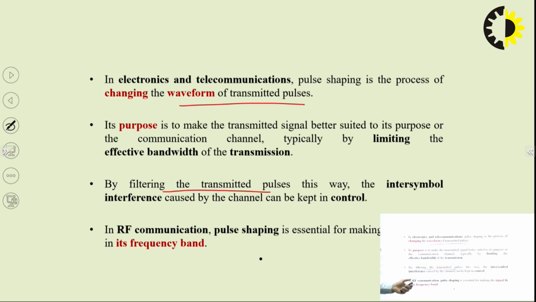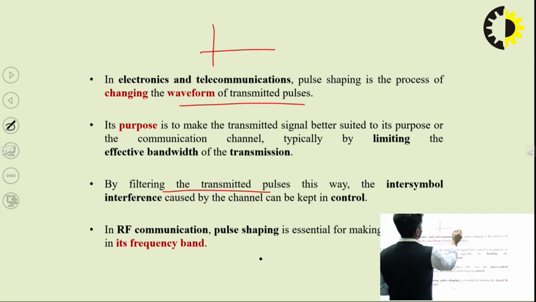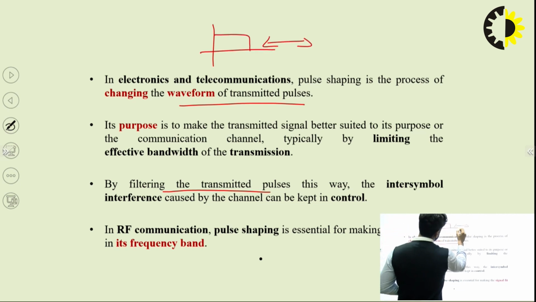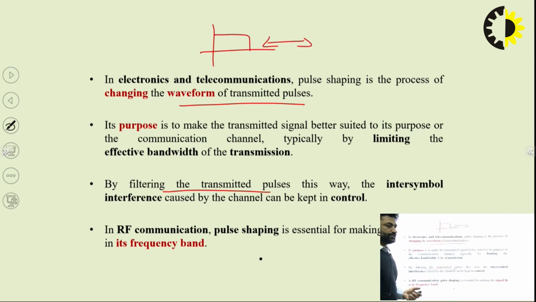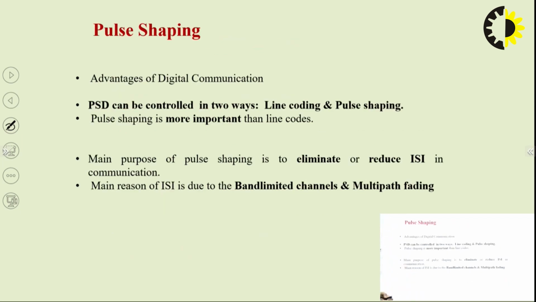If we change the pulse, instead of sending this rectangular pulse, we can change the pulse shape, and we can control the ISI, that is inter-symbol interference. In RF communication, pulse shaping is essential for making the signal fit in its frequency band. Now this is the advantage of the pulse shaping technique.